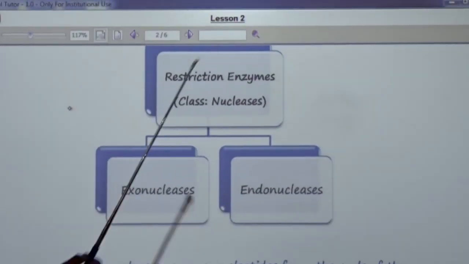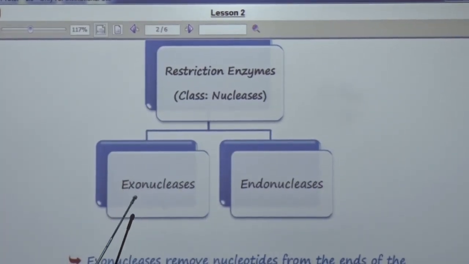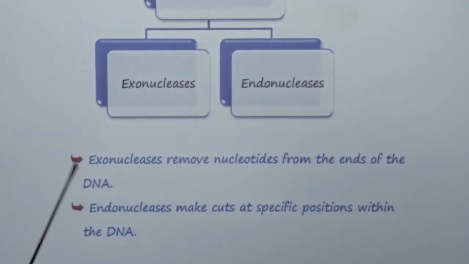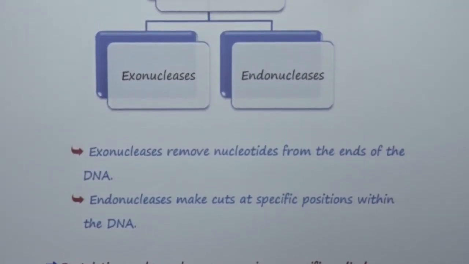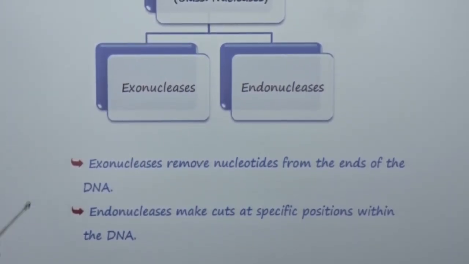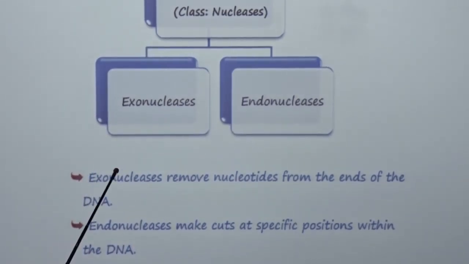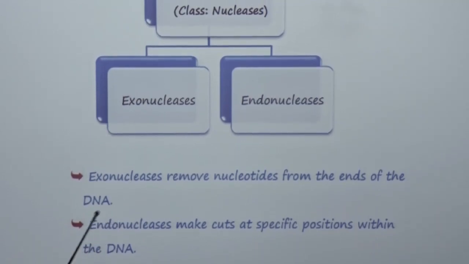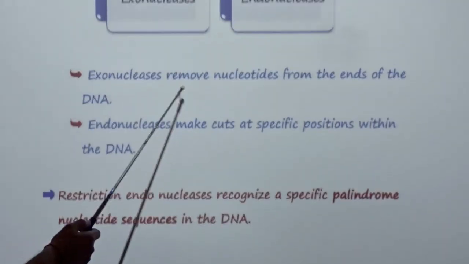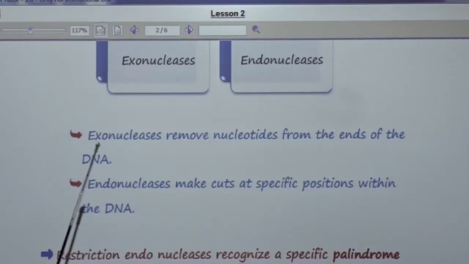Restriction enzyme is a nuclease enzyme. There are different kinds of nucleases, that is exonuclease and endonuclease. But an ordinary endonuclease is not useful for the biotechnological process. What is useful is the restriction endonuclease, which has a recognition character: it first recognizes and then cuts. Exonucleases remove nucleotides from the end of the DNA, which is not useful.